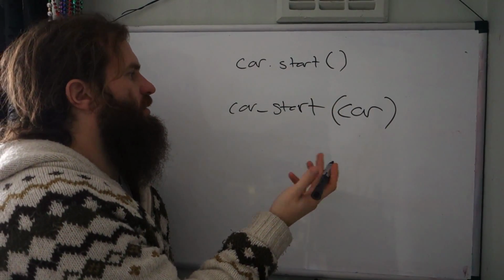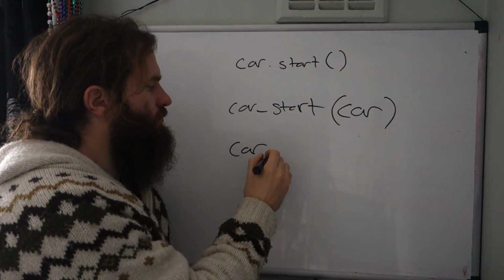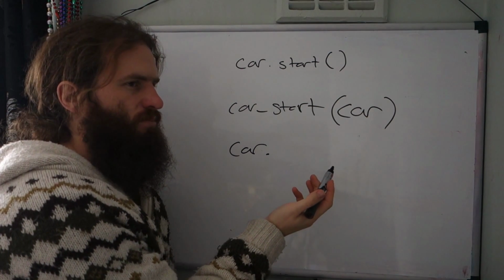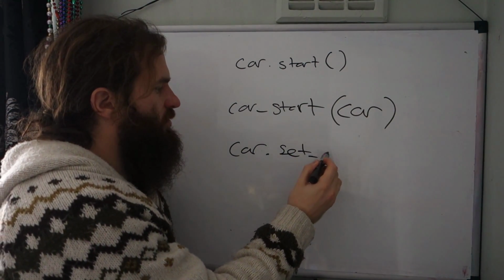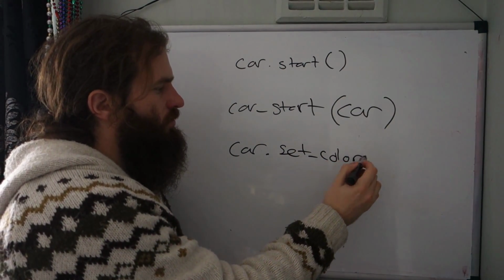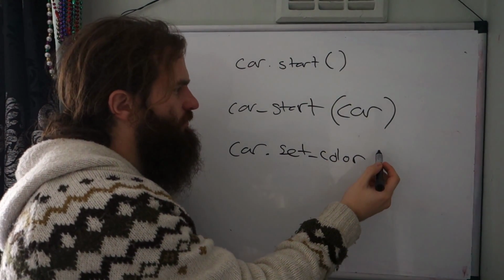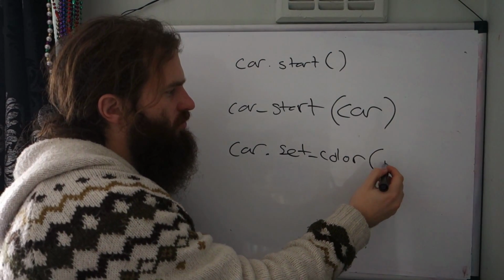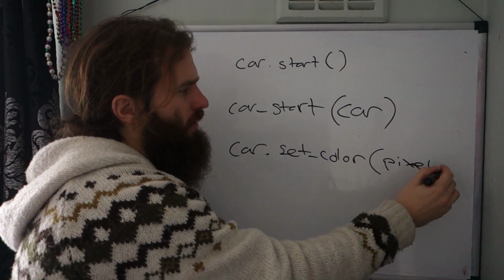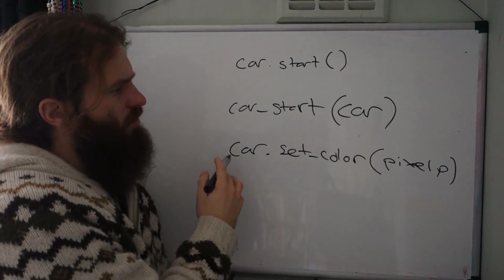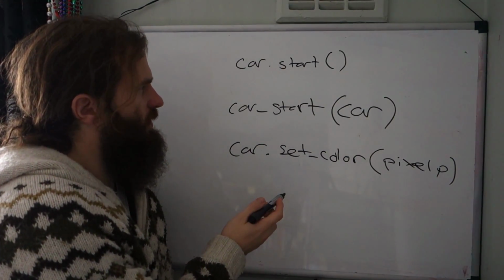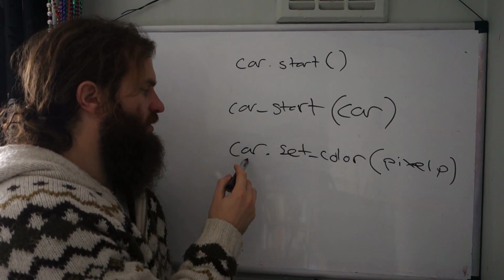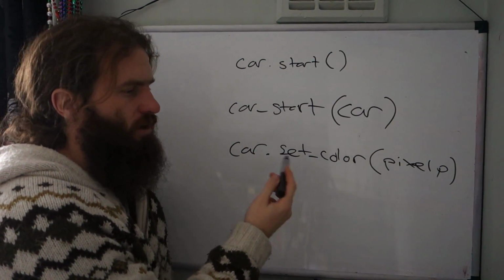And if you had car.set color, using the American version of color, and then we had a pixel P, you might do that in your object-oriented language, and it's called object oriented because it's oriented towards the object, you're operating on the object.